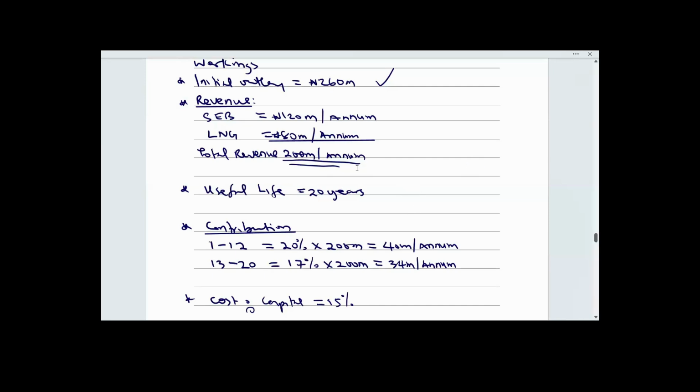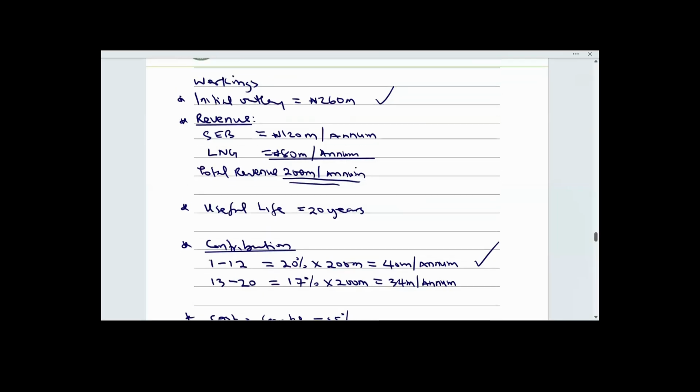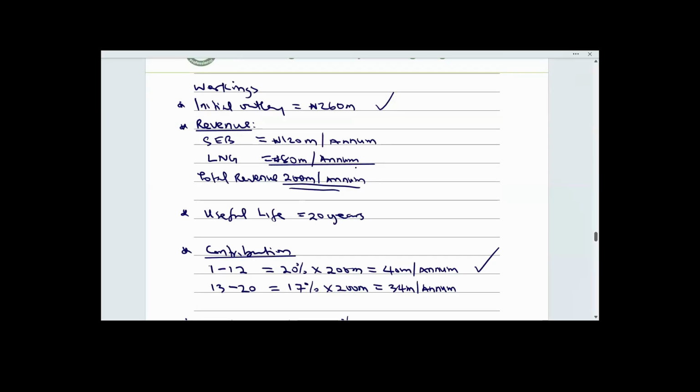You know that this cash flow of 40 million naira per annum is constant from year 1 to year 12. So 40 million multiplied by 12 will give you 480 million naira, which means that the initial outlay of 260 million naira is within the 12 years.